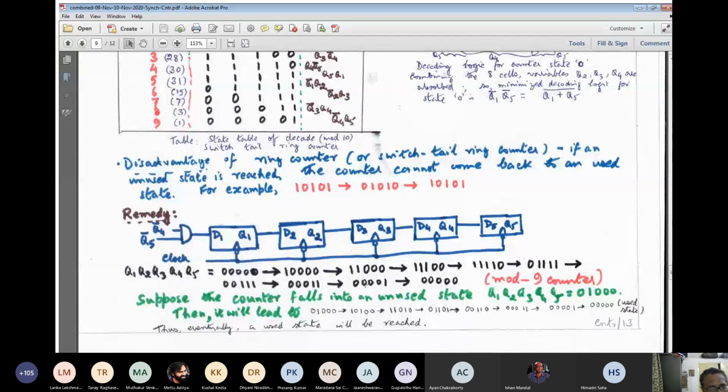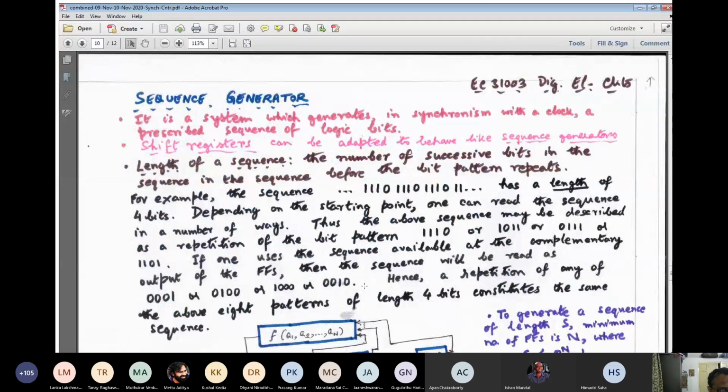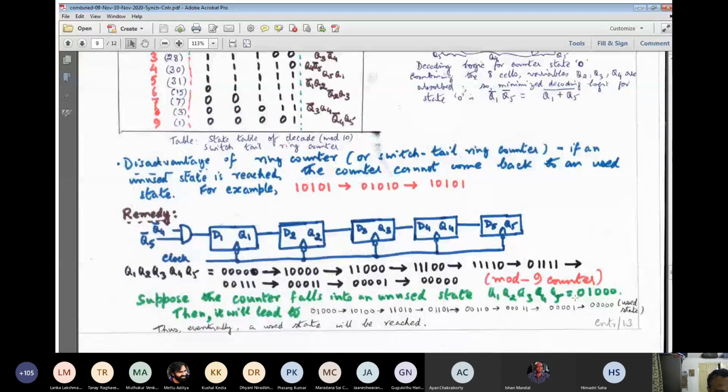Now, suppose the counter falls into an unused state. Say you take any unused state, say 0, 1, 0, 0, 0. Then it will cycle through these states till it comes to the all 0 state, which is one of the used states.